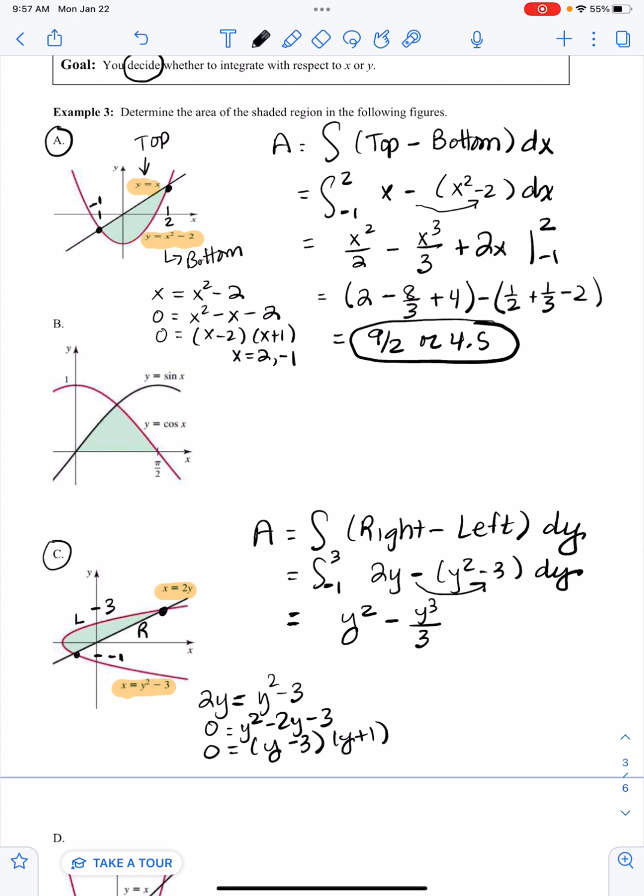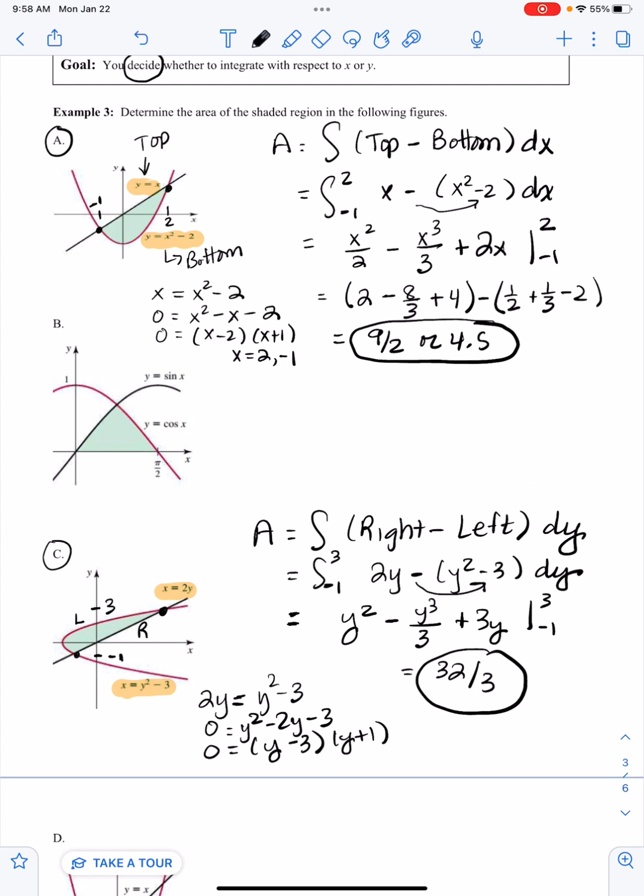This would be a positive 3, so that would go back to positive 3y that we're integrating from -1 to 3. I'm going to let you do the arithmetic this time. Something good to check: plug in 3, plug in -1, subtract those answers. You should get 32/3.